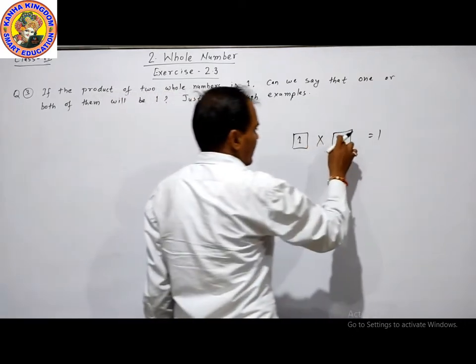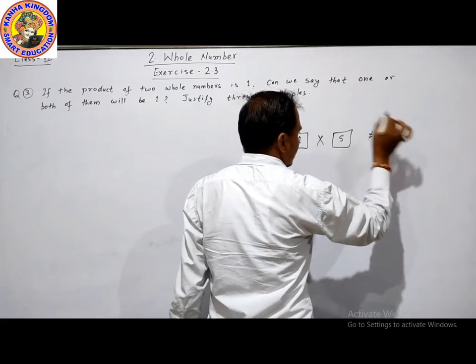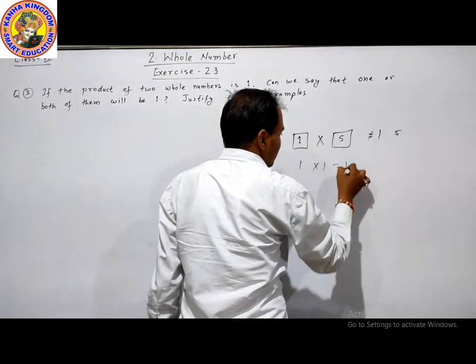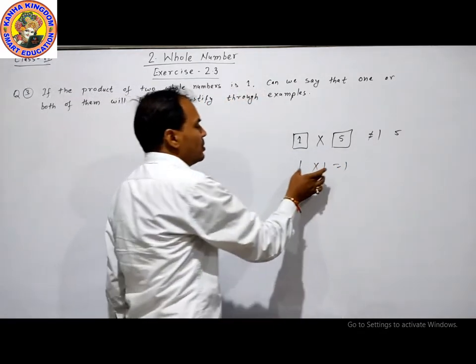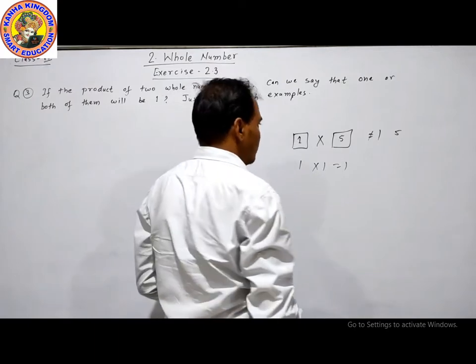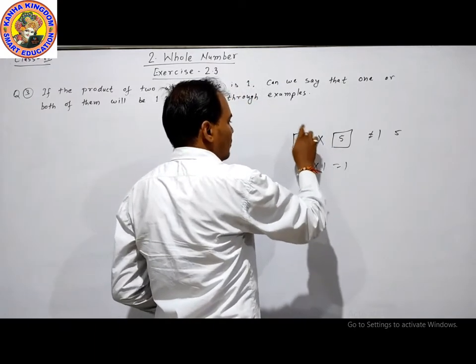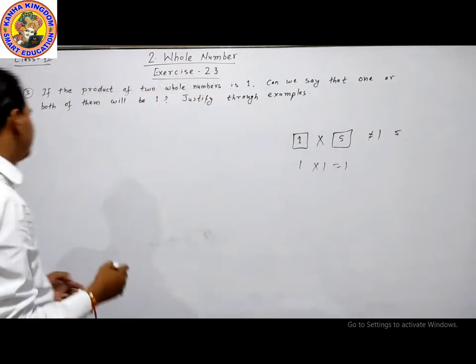No. 1 into 5 is equal to 5. 1 into 1 is equal to 1. This is the only situation, when both of them will be 1.